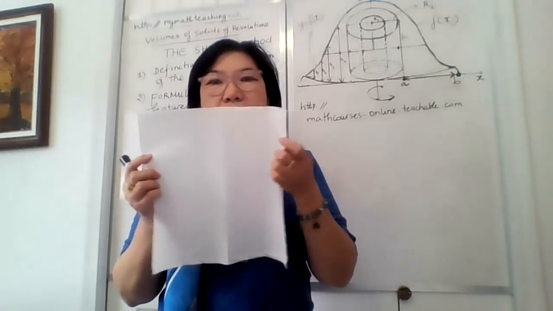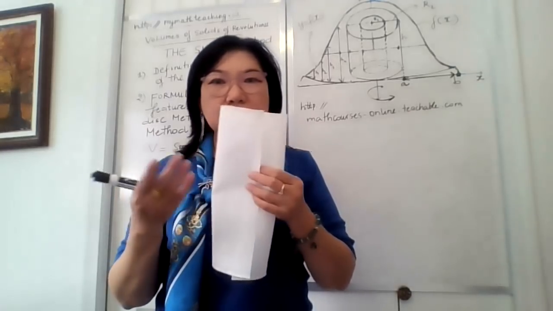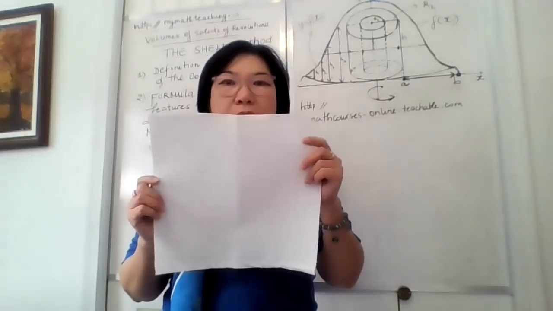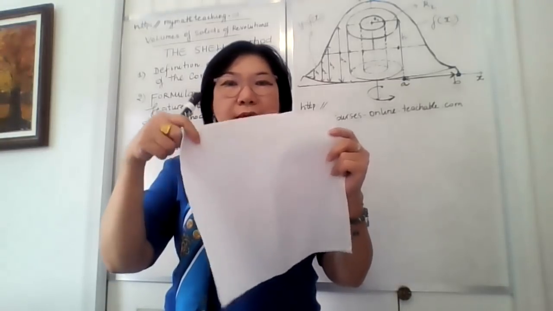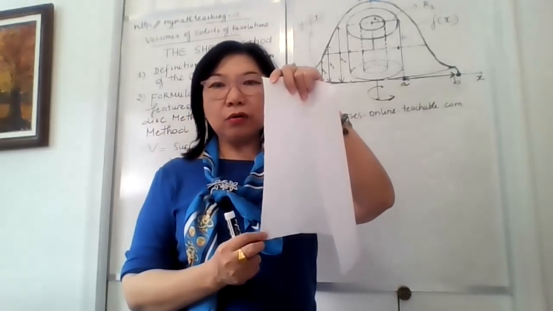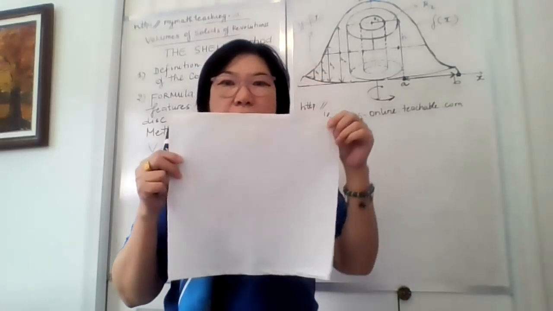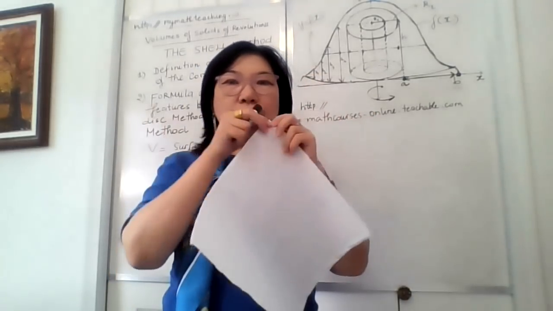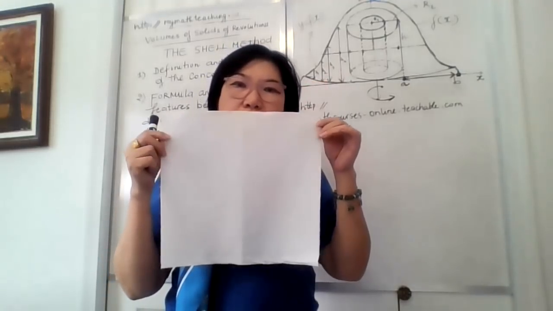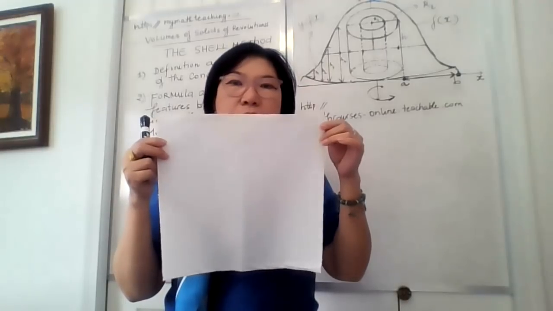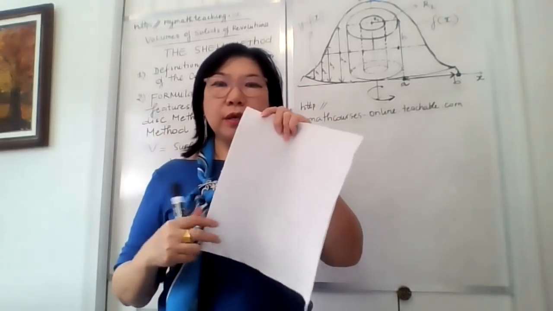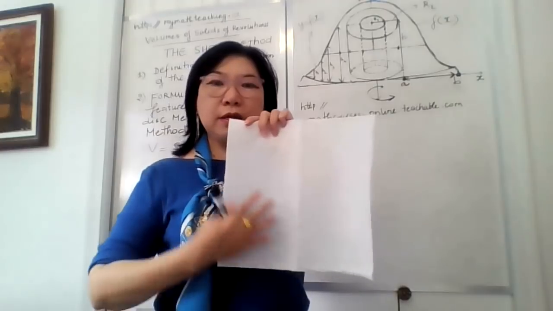So the surface area of the cylinder is actually the same as the surface area of a rectangle, where the top is the length and the side is the height, or the width as we call it in a rectangle, right? If it is a rectangle, we call this the length and this the width. So to find the surface area of this cylinder, all we do is cut it open like this and multiply the length here times the width here. Then we have the whole surface area of the cylinder.